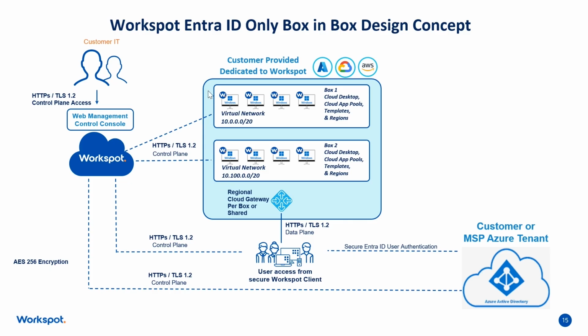You could picture this blue box being maybe an enterprise customer's estate of Azure tenants, and inside, instead of being, for example, an Azure subscription, this white box here could be a whole Azure tenant dedicated to Workspot. You might want to do this for very large deployments, and you want to break it up into business units. You want to reduce your blast radius for failures. All these kinds of concepts can come into play.